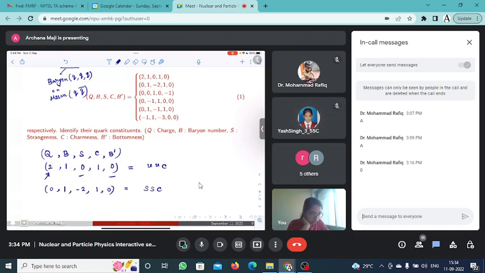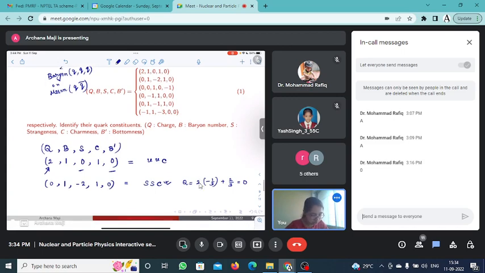Exactly. Now you can also verify whether the charge is becoming 0 or not. Both the strange quarks have charge minus 1/3, and there is one charm quark, so plus 2/3, that is 0, and it is also a baryon, and there is no bottom quark. So all the quantum numbers are being satisfied. So the quark content is 2s and 1c.